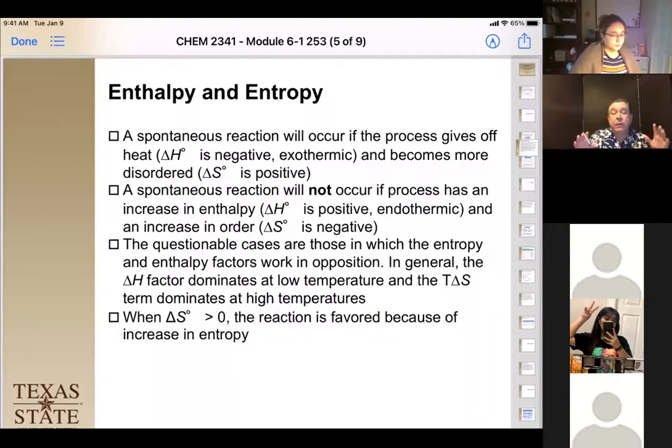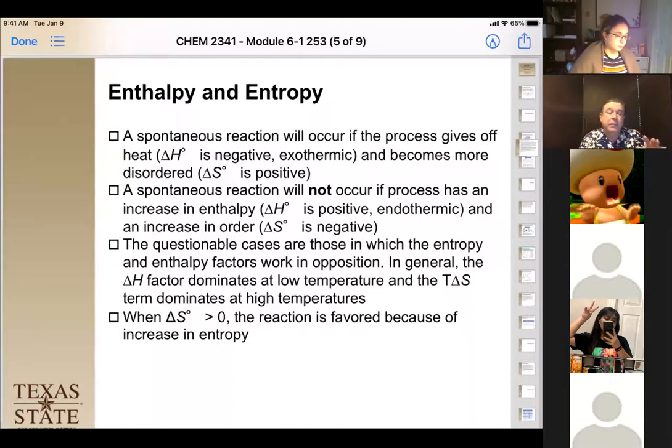Now, there are some things where you look at, okay, well, if the delta enthalpy or delta H is the dominant factor, we can see that in low temperature reactions below 500 degrees Kelvin, typically enthalpy wins. Enthalpy is more important.